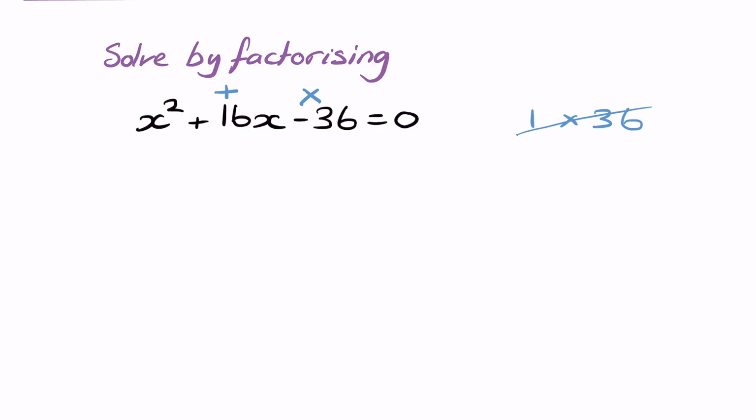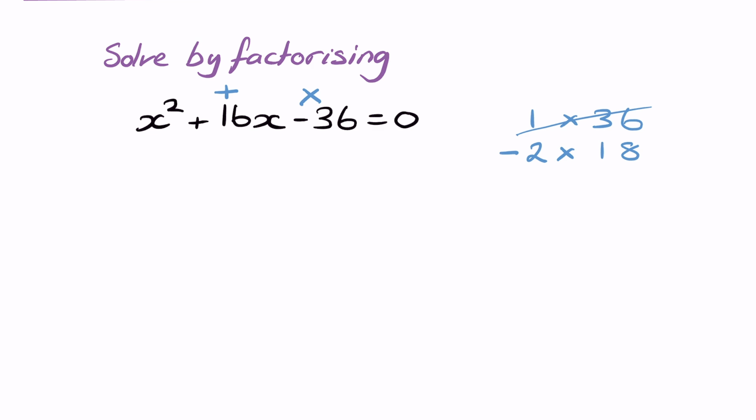Now let's try the next pair of factors, which is 2 times 18. And I'm liking that. Yep, I can see those two adding together to make positive 16. So what are the signs? Well, as it's a positive 16, the greater value of 18 has to be the positive number. So that would be negative 2 multiplied by positive 18.